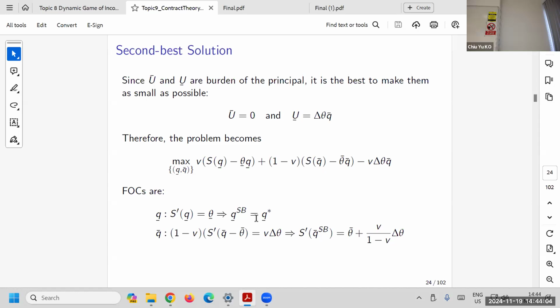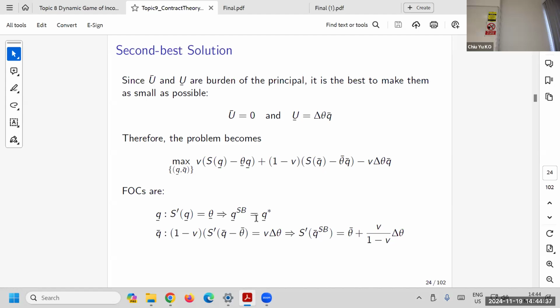But for the high type, we have to be different. So for the low cost production, you can see the production and payment, it's not efficient, right?